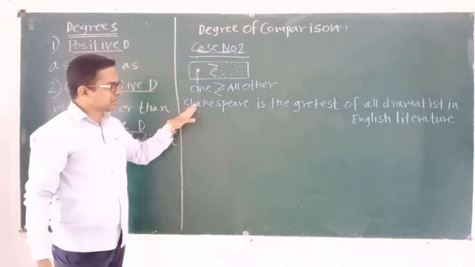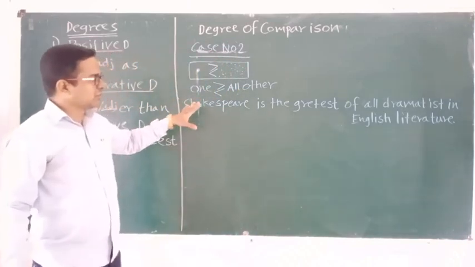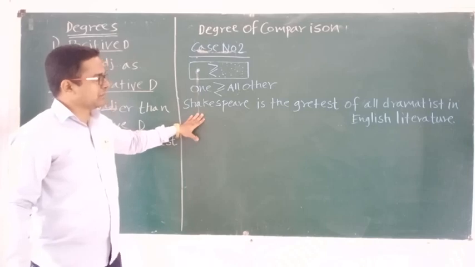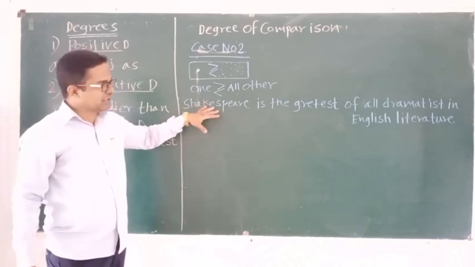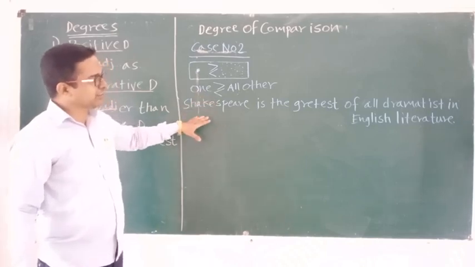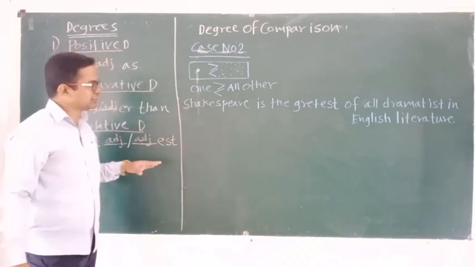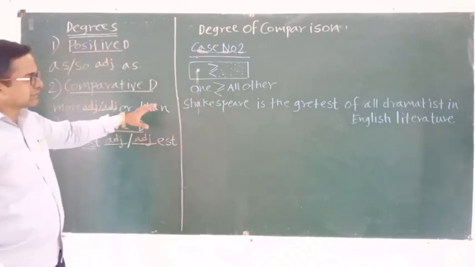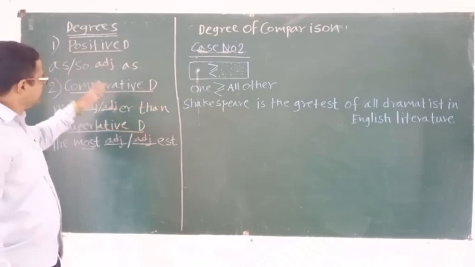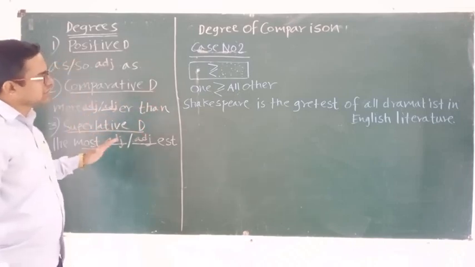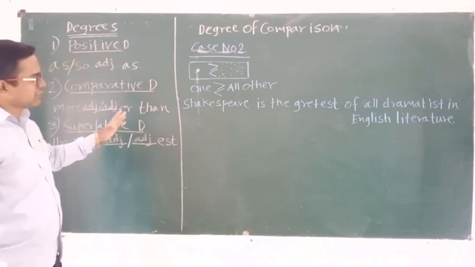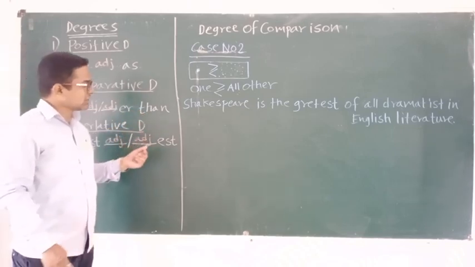So the given sentence is in superlative degree. We have to change it into comparative and then positive. And while making changes, we have to use the structure, we have to use certain rules.